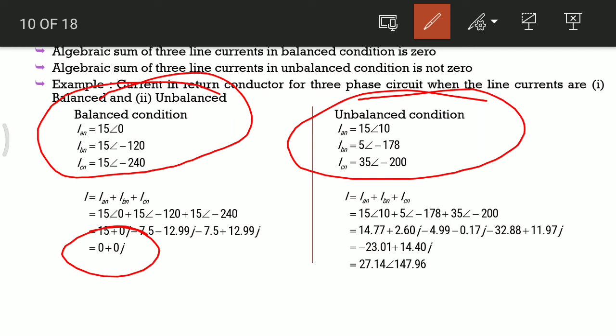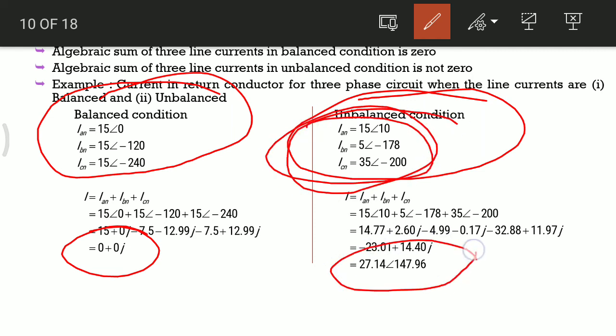It means that the current in a neutral or return conductor is zero, but in unbalanced condition you get some result. It means that some current is flowing through the return conductor, and it clearly states that the condition is unbalanced, not balanced. If the condition is balanced, then the neutral current, the return conductor current, is zero.